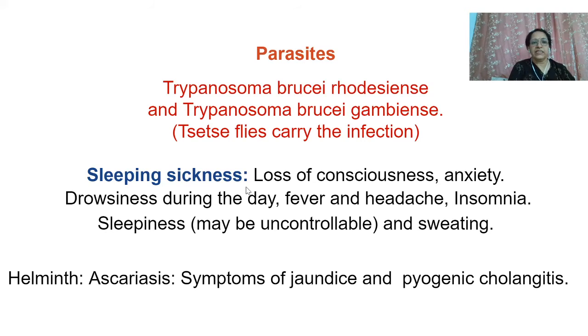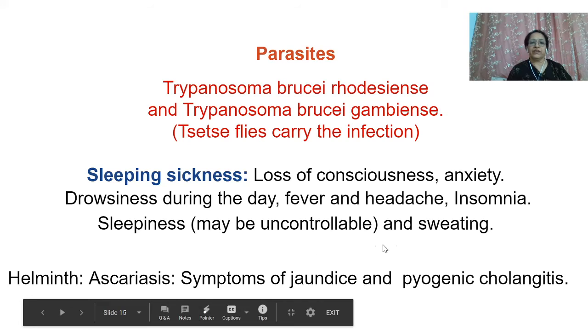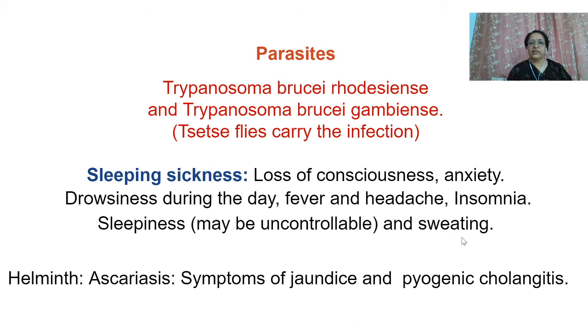This sleeping sickness is nothing but a loss of consciousness. There is anxiety, drowsiness during the day, fever, headache, insomnia, sleepiness may be uncontrollable, and sweating. So slightly opposite types of symptoms are observed during this sleeping sickness.